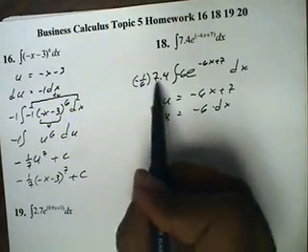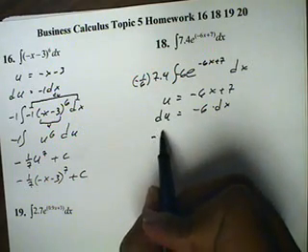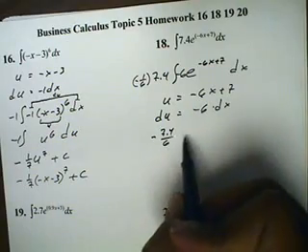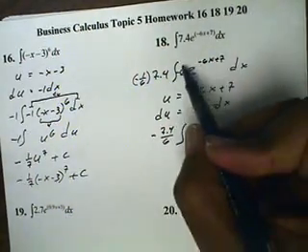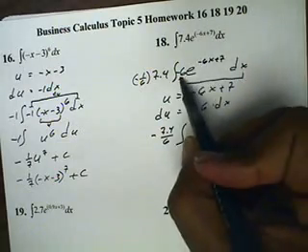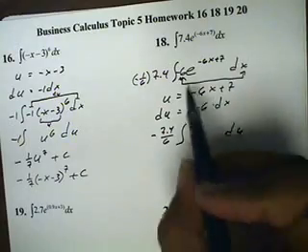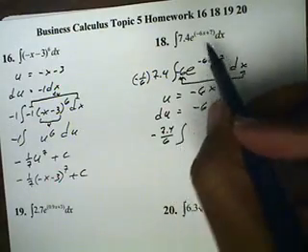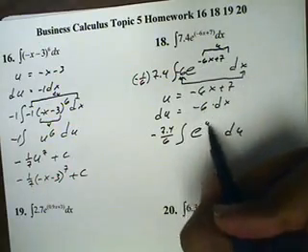So now, these two combine, I get my negative 7.4 over 6, and here, these two, they become my du, and the e to the negative 6x plus 7, all this becomes u. So this is e to the u.